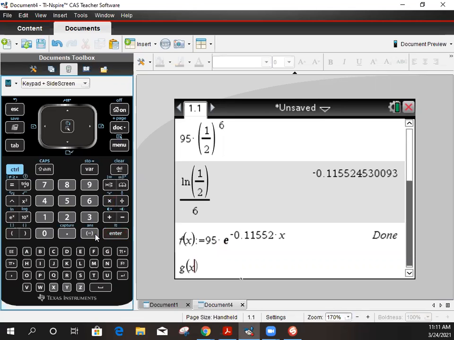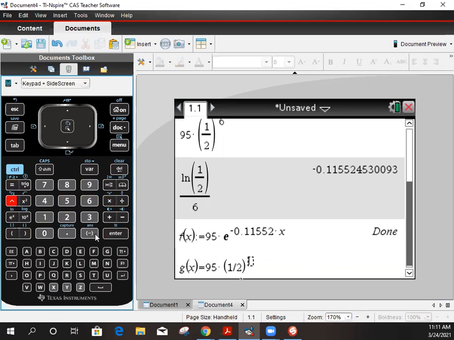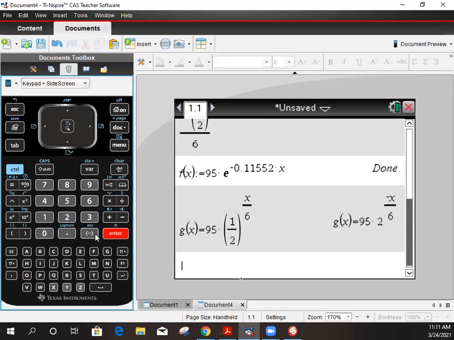And g of x is equal to 95 times 1/2 to the x over 6 power.